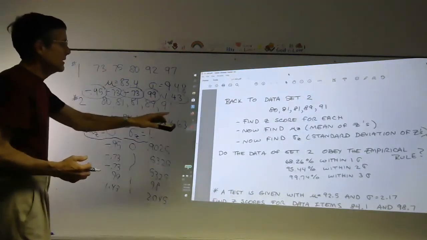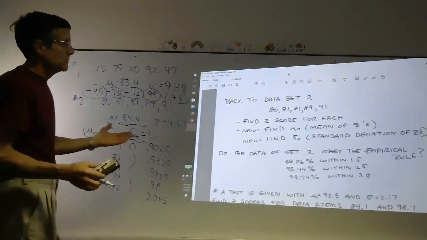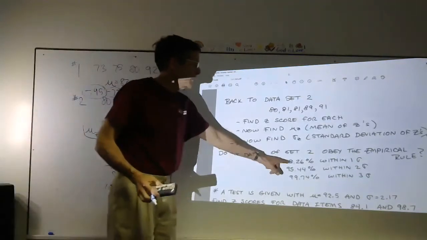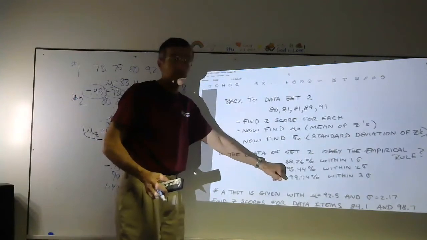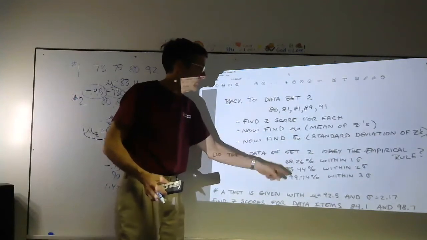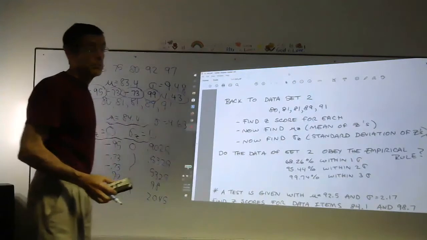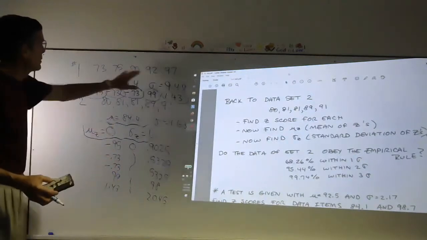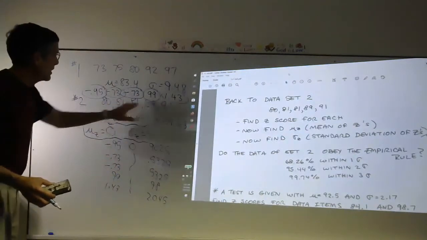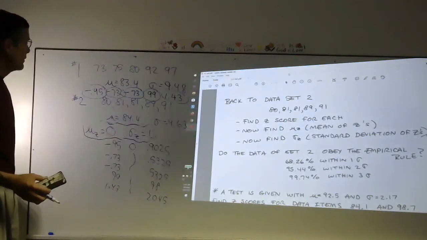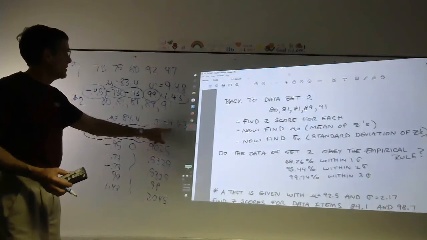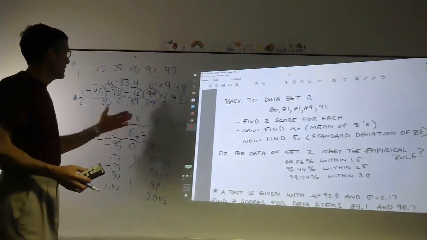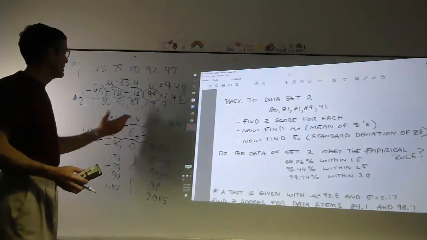Now, does the data of set 2 obey the empirical rule? Remember the empirical rule, 68.26% of the data is within 1 standard deviation, 95.44% of the data is within 2, 99.74% is within 3. So go back up here. Here is data set 2. If you go 1 standard deviation on either side, it would be roughly from 80 to 88.